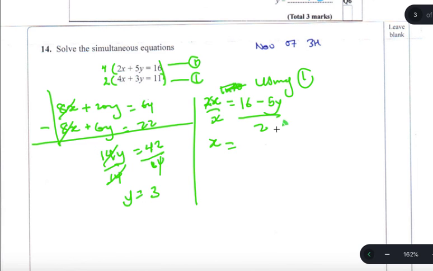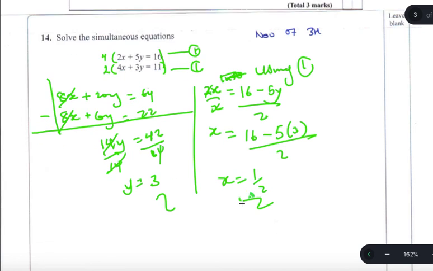So we are making x the subject, and now we substitute the value of y. 5 into 3 all over 2. So 16 minus 15, 1. 1 over 2 is a half. So here we go. So this is the answer to x and y in this equation.